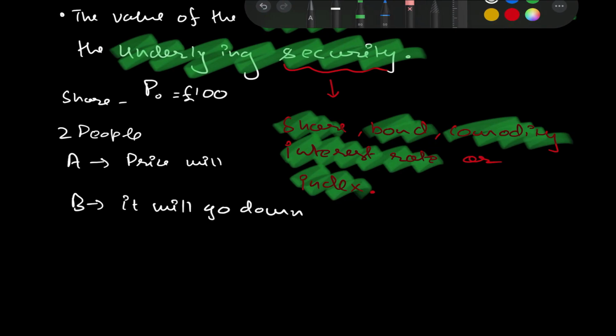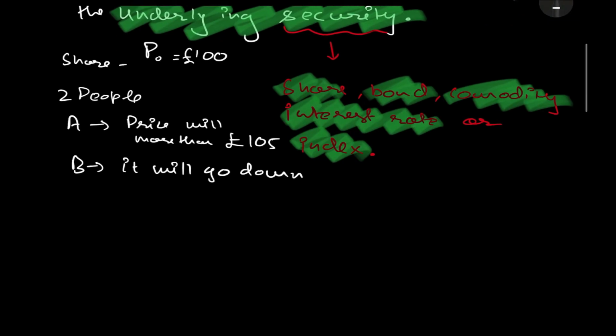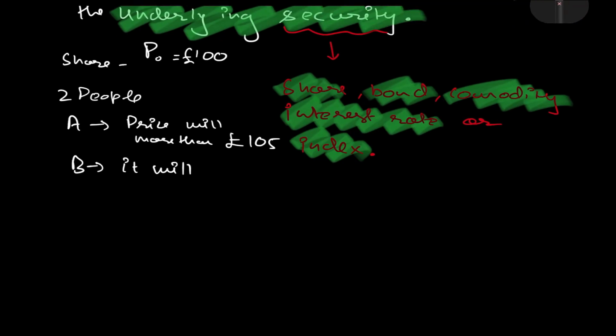Person A believes that the price will be more than, let's say, 105 pounds. And person B believes that it will be below 105. So it won't just go down, it will be below 105.